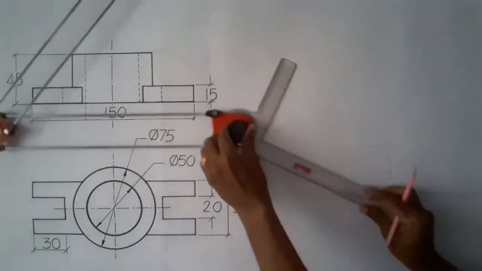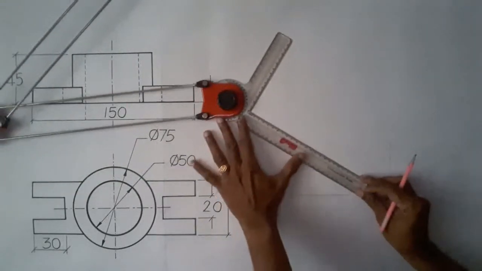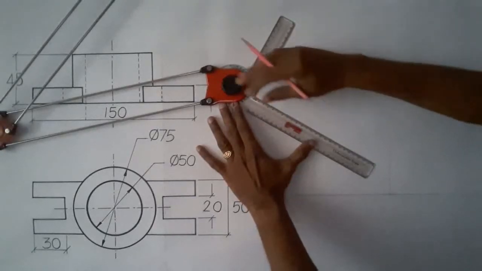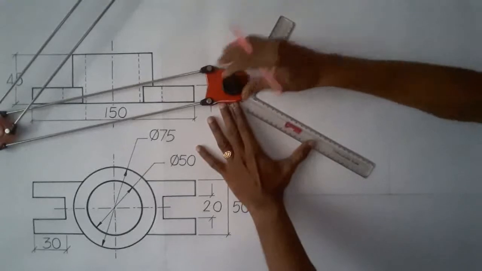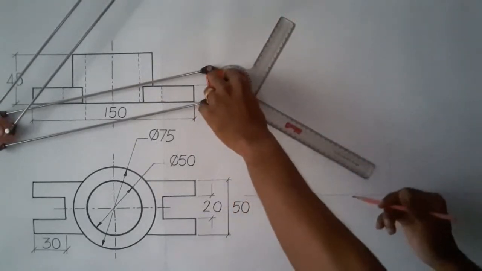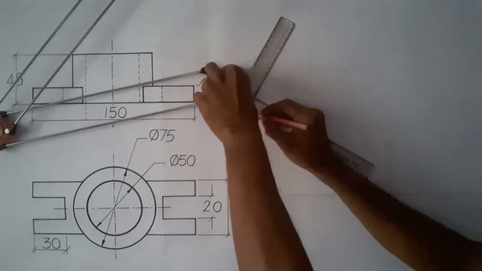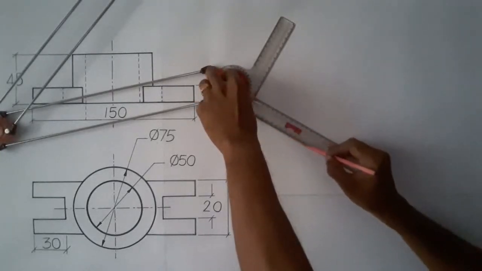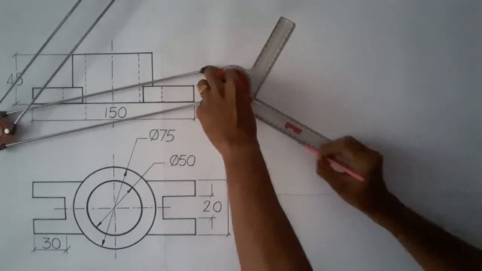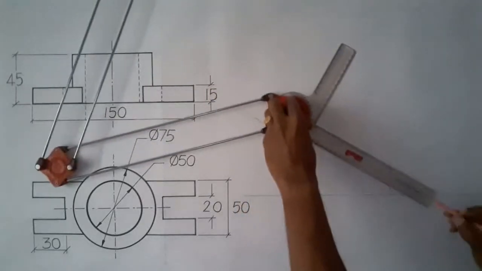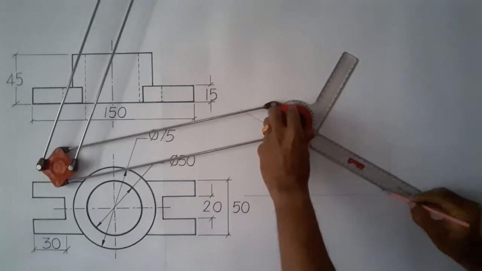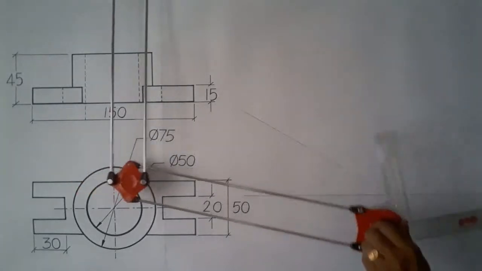Now I draw a 30-degree line. Another 30-degree line here.